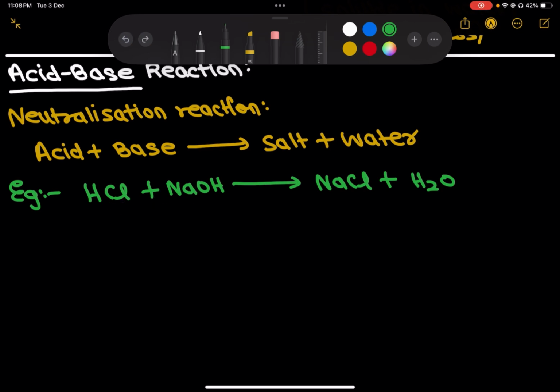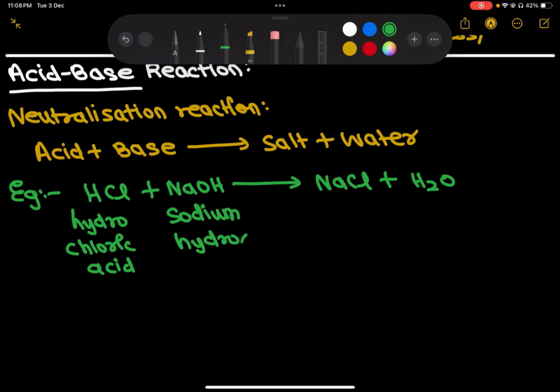HCl is hydrochloric acid, NaOH is sodium hydroxide, NaCl is sodium chloride, table salt, and H2O is water. It is again a self-balanced reaction. This is the most common layman example for an acid-base or neutralization reaction.